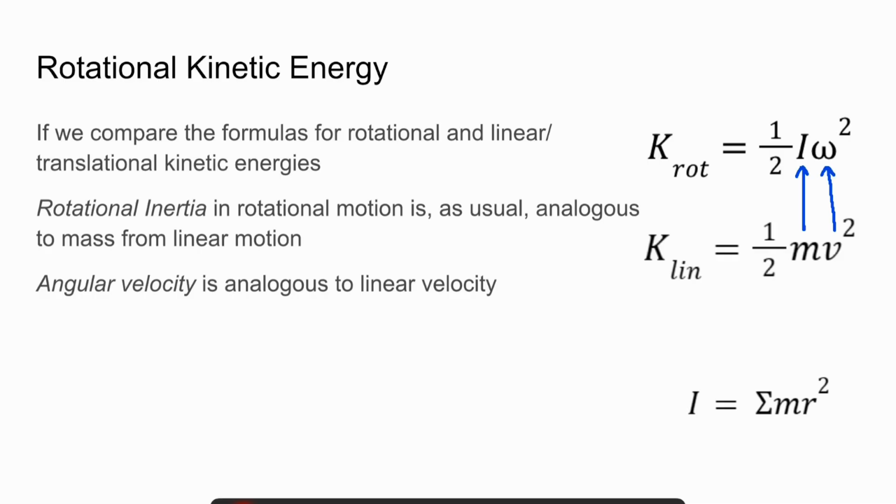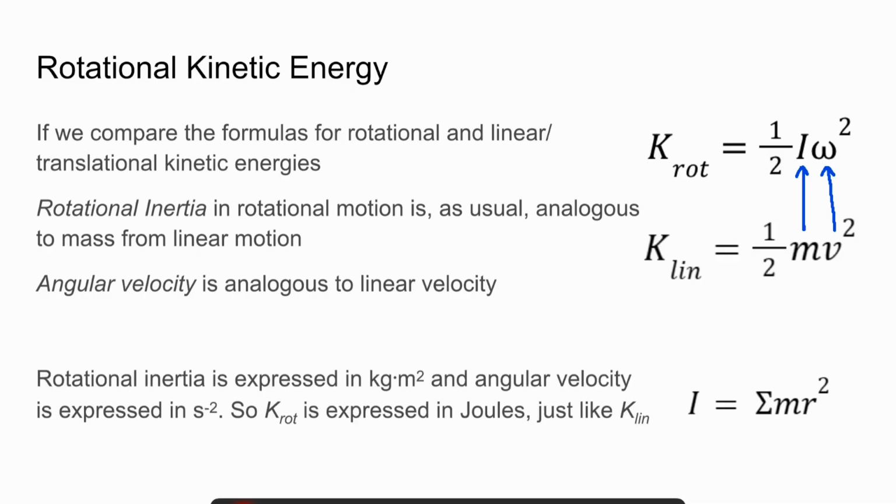And if we think about our units, here we've got 1/2 times our moment of inertia, which is the sum of our masses times radius squared for all the point masses in that object. So that's in kilogram meters squared, right? And our angular velocity is in 1/seconds, radians over seconds. But remember, radians are kind of unitless. So that's 1/second squared.